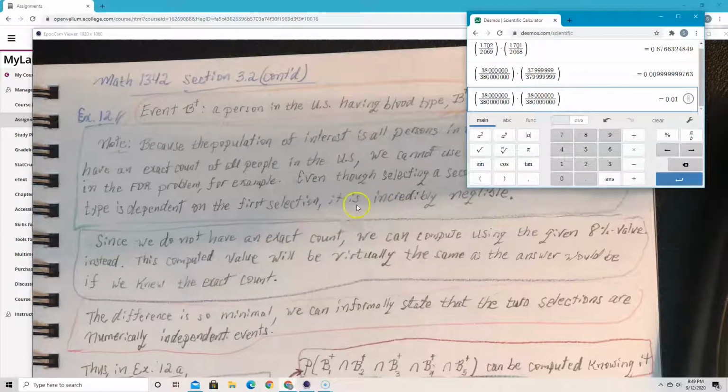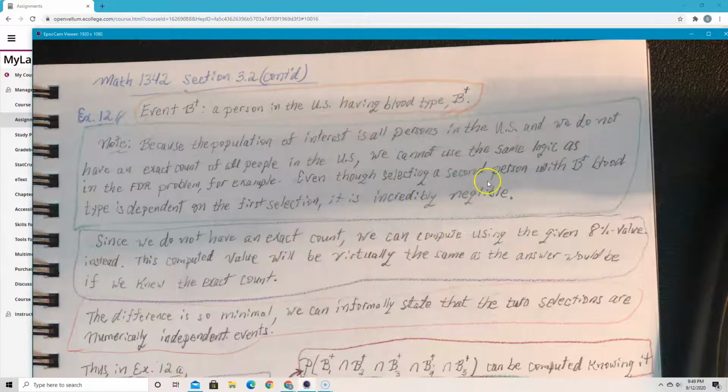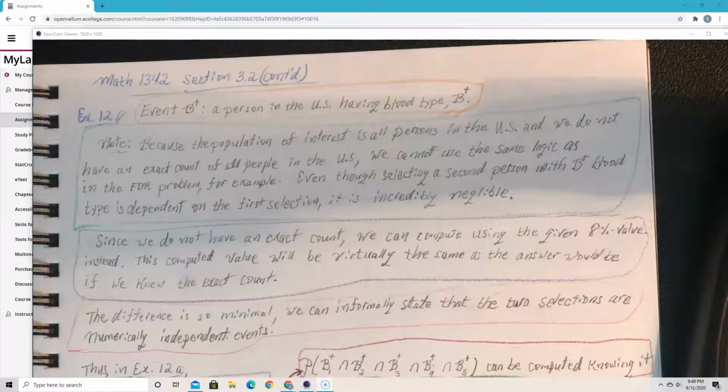So that's what I mean by this. Even though selecting a second person with B positive blood type is dependent on the first selection, it is incredibly negligible. And this difference is so minimal, we can informally state that the two selections are numerically independent events.